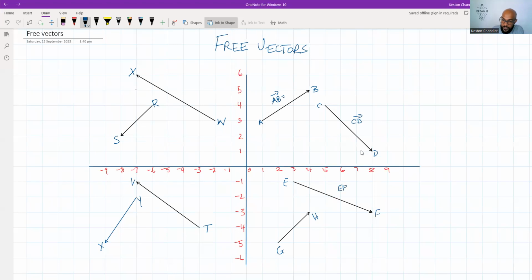Now you have to look at the direction the arrow points in. This one is GH. This one is TV. This one here is actually YX because it starts at Y and points in the direction of X. This one is RS. And this one is WX. So for free vectors, you take the end point and you subtract the starting point from it.